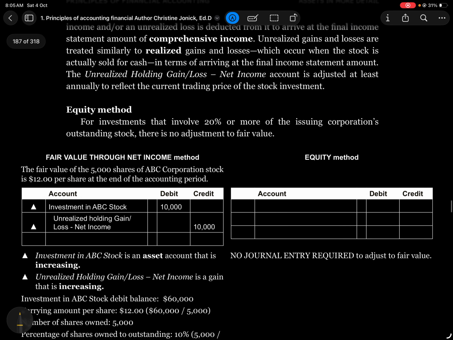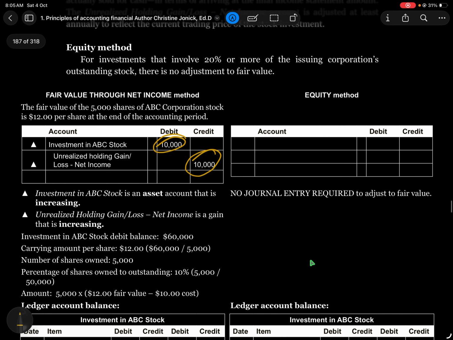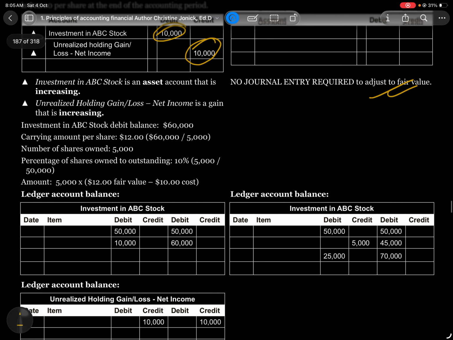So if the investment increased by 10,000, we might have to realize some kind of gain or loss in the income statement. In the equity method, it's like the cost method, so we don't need to do anything there.